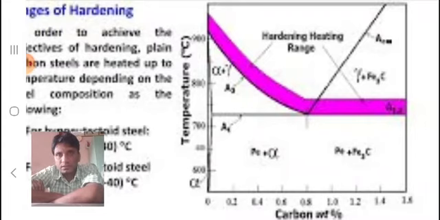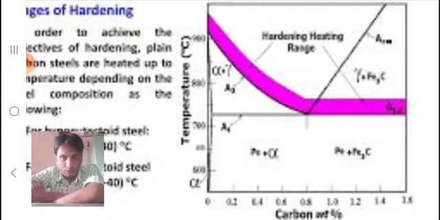The pink colored area shows the hardening temperature zones for hypoeutectoid steel, eutectoid steel, and hypereutectoid steel.